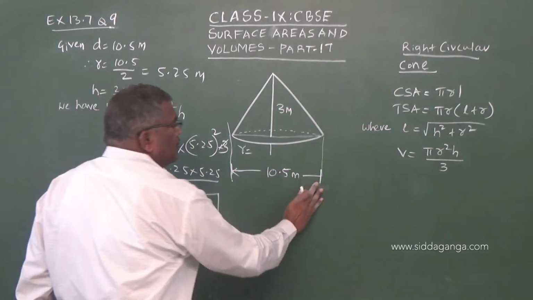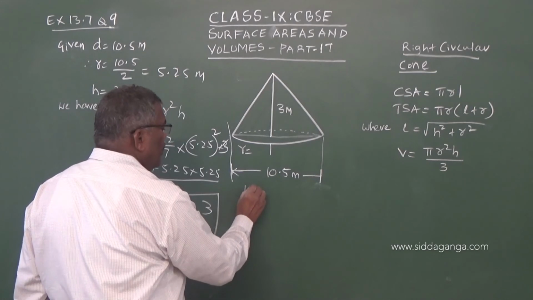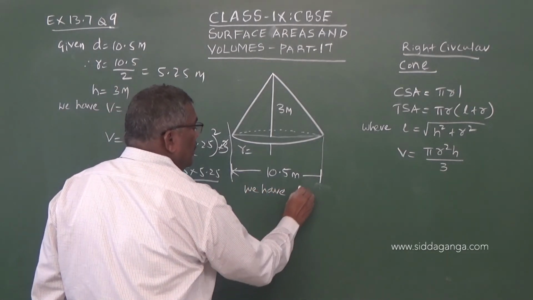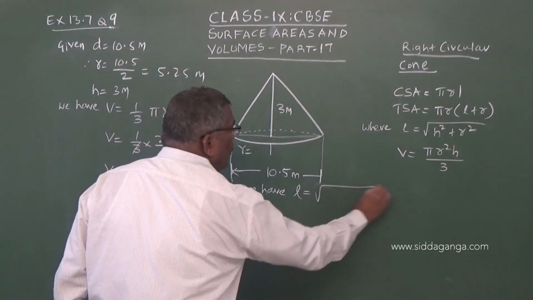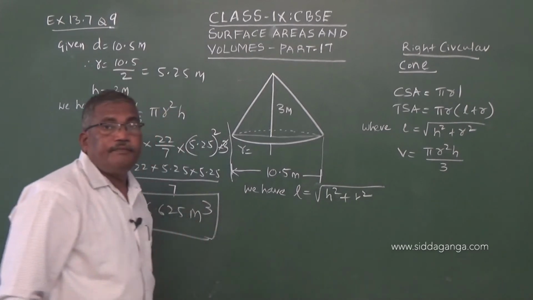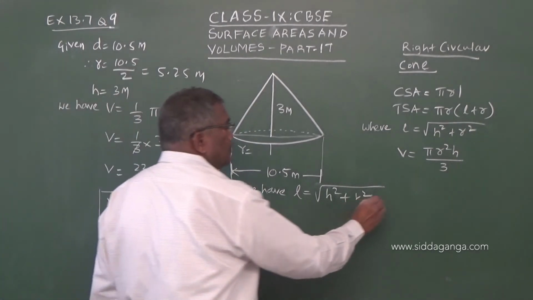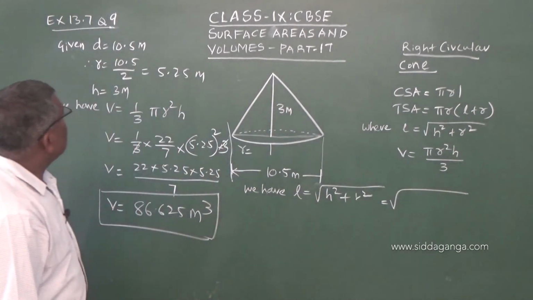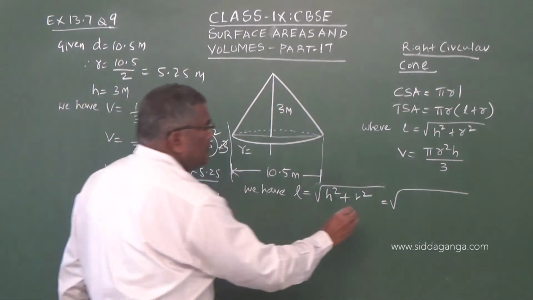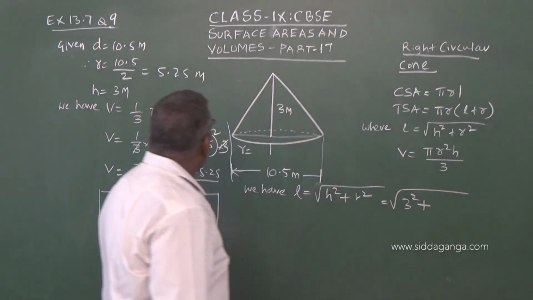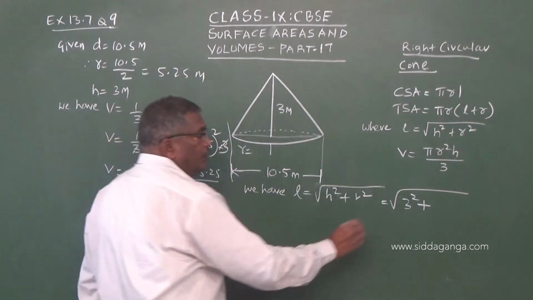So, for curved surface area, l is equal to root of h square plus r square. So, this equals root of h, h is 3, square, so this is 3 square plus r square, r is 5.25 whole square.